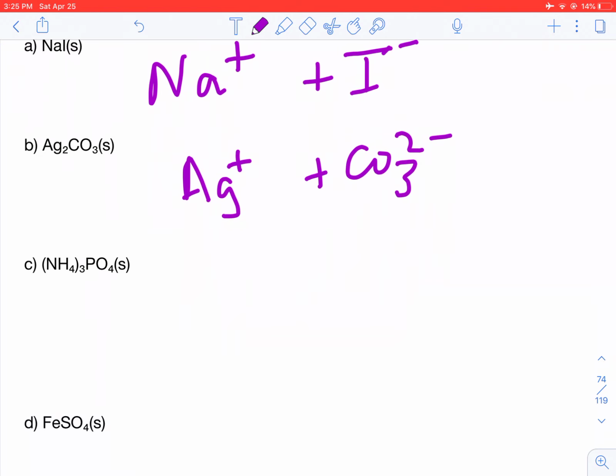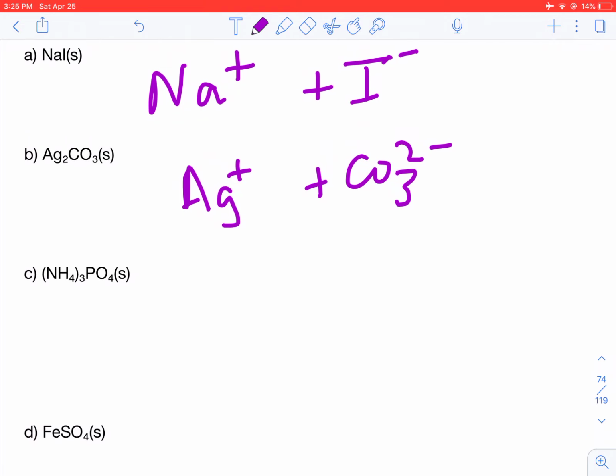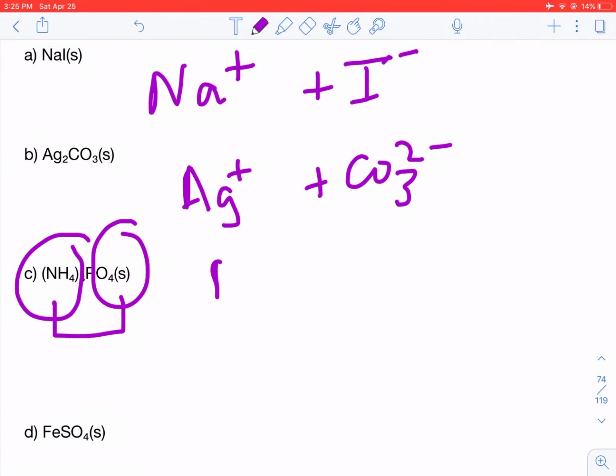Here, ammonium phosphate, right? Now here you can see we have like a molecular substance. Now you would think, oh, this is a molecular substance. Yes, in terms of how we said that nonmetals form molecular substances. But here, when we're dealing with ammonia, this is a slight difference here. This actually is an ionic substance, right? Why? So you have NH4, which forms plus, and PO4, which gives us 3 minus.